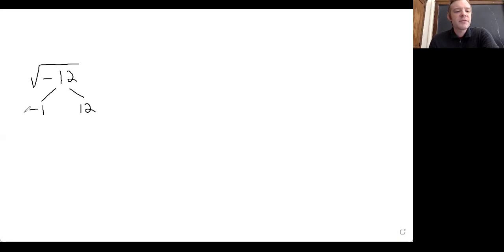So I've split negative 1 off on its own, and now I'm going to treat this 12 just like I would have treated any of the other problems that we've seen so far. I'm going to split this 12 up into, in this case, 3 and 4. And then 4 can be split up into 2 and 2.